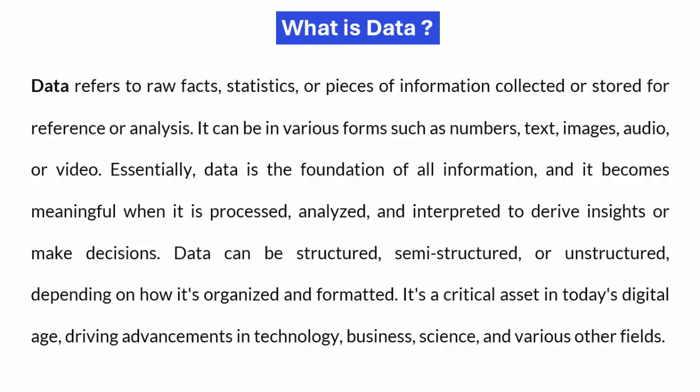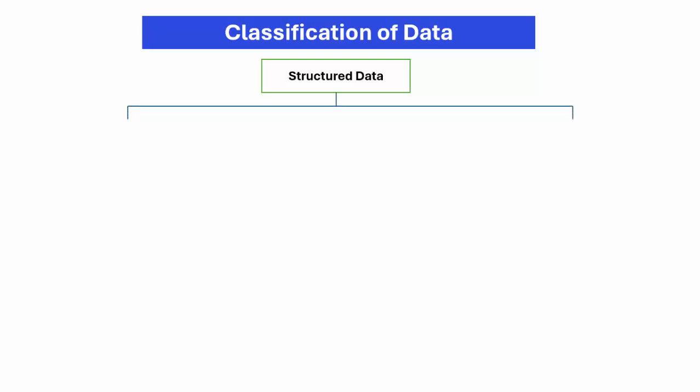So this is basically what we can understand about data. What is data? And now we see the classification of data in the context of a data or business analyst. Okay, so I am here talking about the structured data only. Structured data we have divided in two parts.